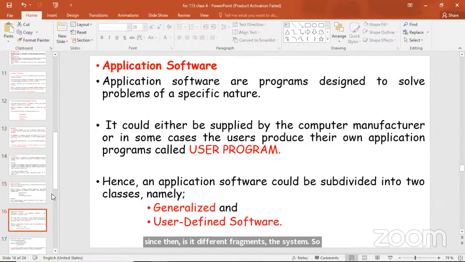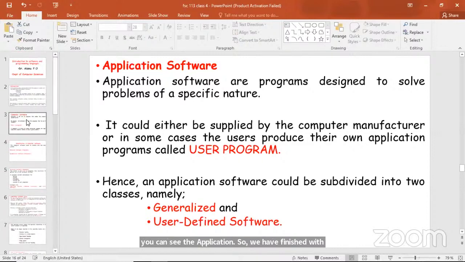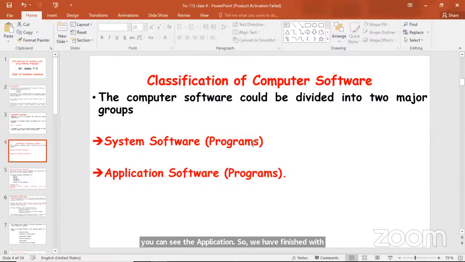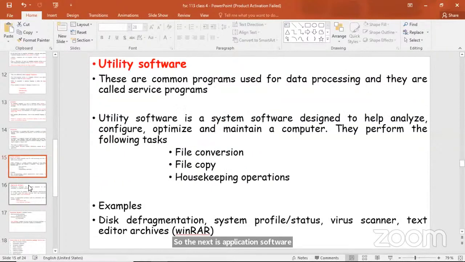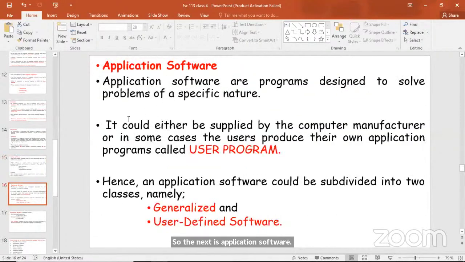So we have finished with system software. The next is application software. Application software are software programs designed to solve specific problems. They are not used for managing the hardware or software resources, but they are designed for specific problems.